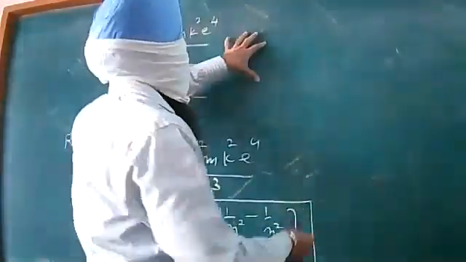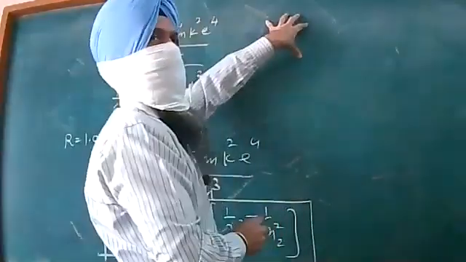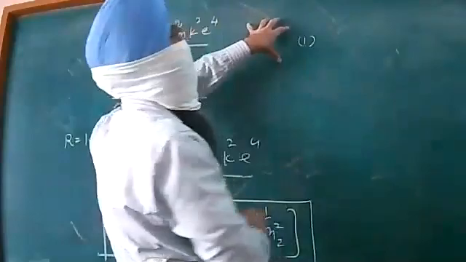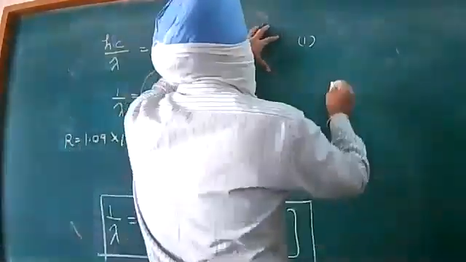So beta, depending upon the study of the spectra, we have observed 5 different series beta.